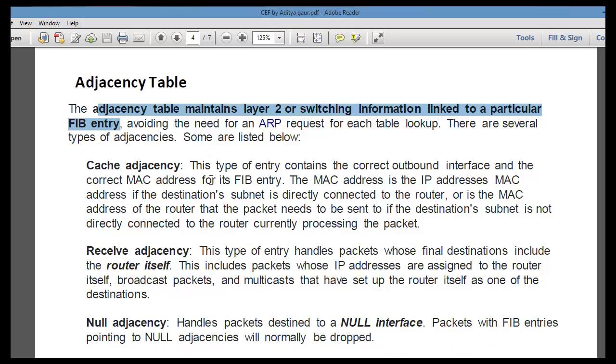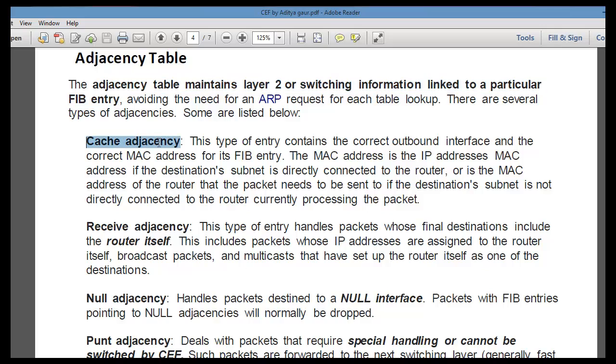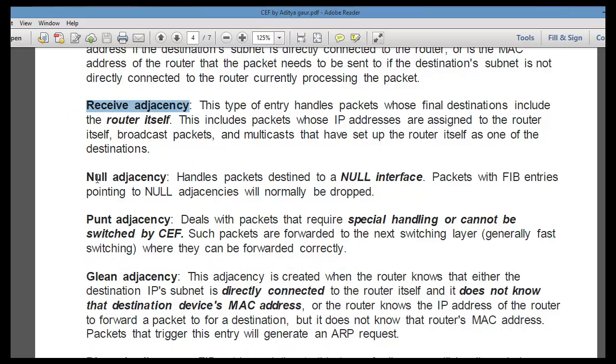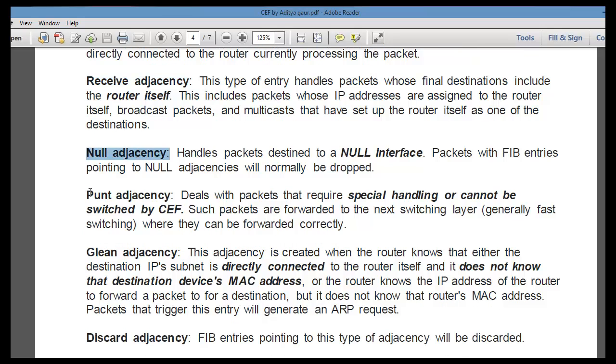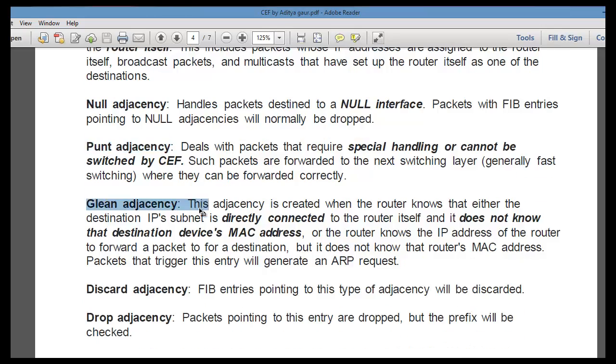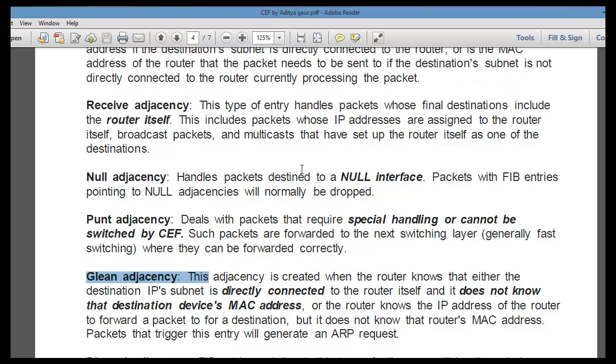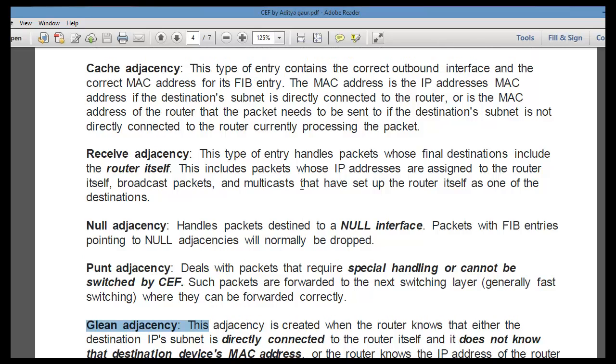So your router also creates an adjacency table so that it knows the layer 2 information: cache adjacency, receive adjacency, null adjacency, punt adjacency, glean adjacency, and so on. All these things I have described in the document. Please go ahead and download it. That's why I am emphasizing again and again. This is a very good document as per my effort.